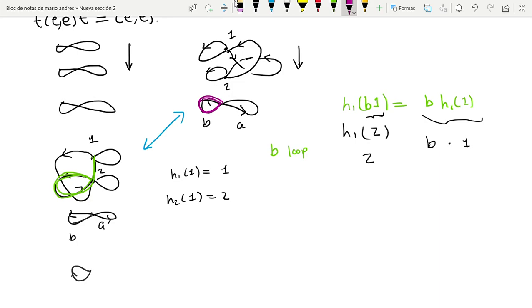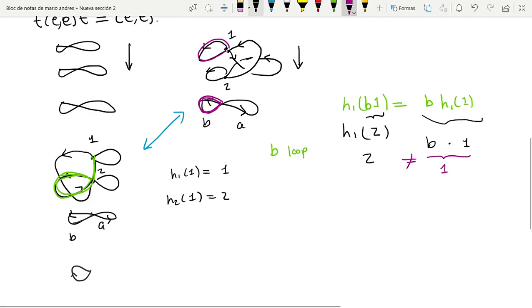So which one starts in 1 and lifts this purple loop? It needs to be like this one, right? This one, okay? So V acting on 1, on the right covering, is just 1. It is the same, right? So this is 1, and 2 does not equal 1, right?